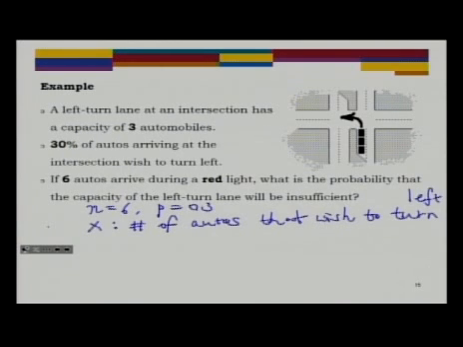Then how do you construct the desired probability? What do we want to know? We want to know the probability that the capacity of the left-turn lane will be insufficient.